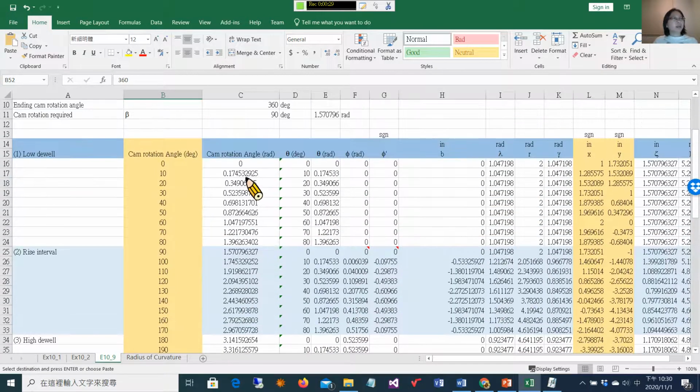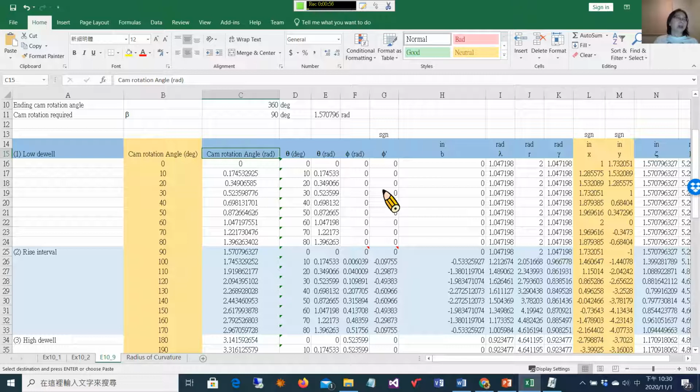Later, we need to use the cam angle to calculate the x and y coordinates of the cam profile, so I convert its unit from degrees to radians. The rise and the return will not always start at theta equal to 0.